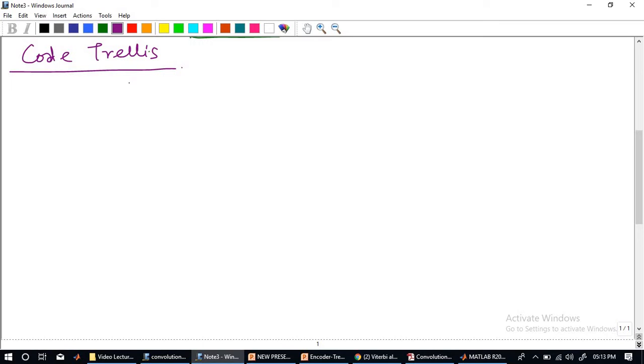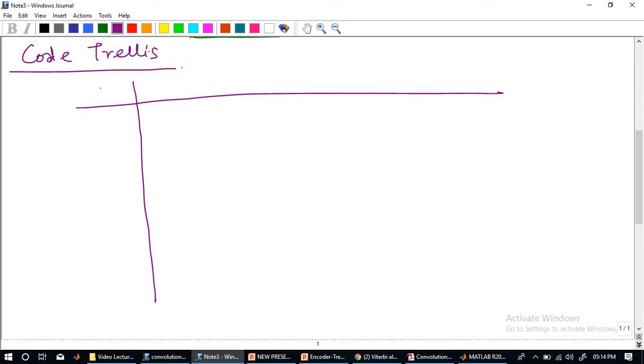So the tabulation, and we are doing it for the same example. x1 is equal to m plus m1 plus m2, x2 is equal to m plus m2. These are the two generic equations. So please note down this table. This is a very important one. This is again a state table. So this is my m1 and this is my m2.